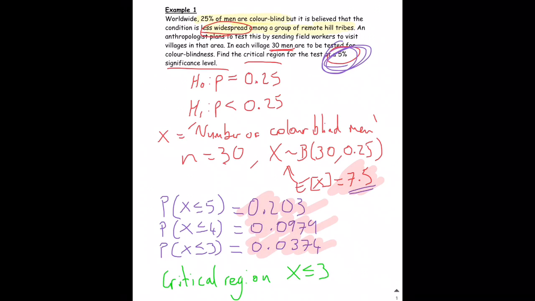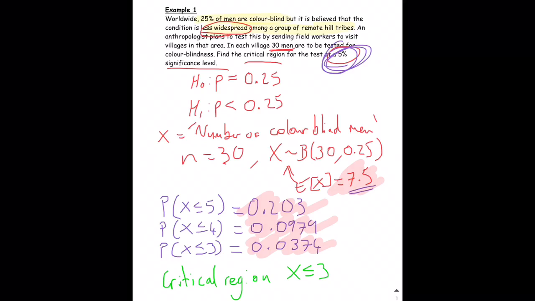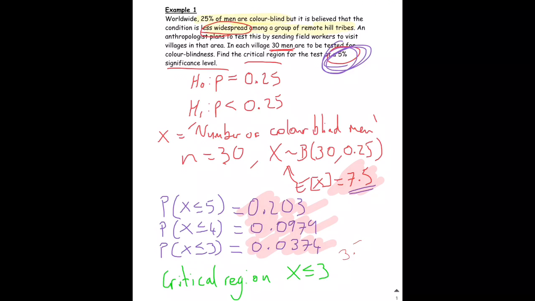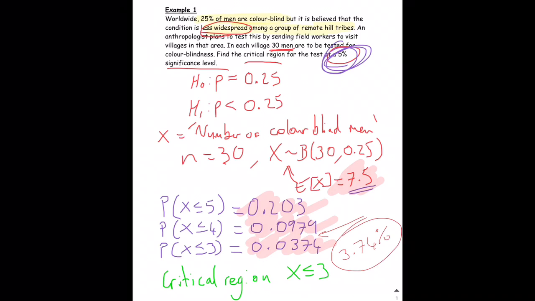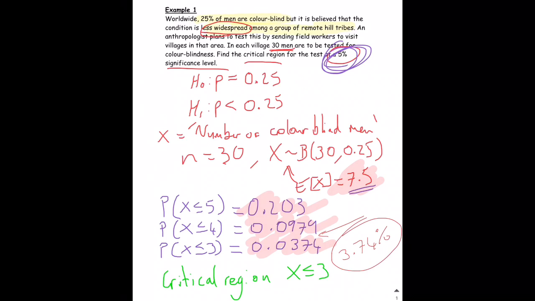So technically, in this first example, our significance level isn't 5%, it's 3.74% technically, because I can't get a value of 5% dead on. But 4 is 9.79%, and 3 is 3.74%. So technically, it's a 3.74% significance level. It can be even more strict than 5%.